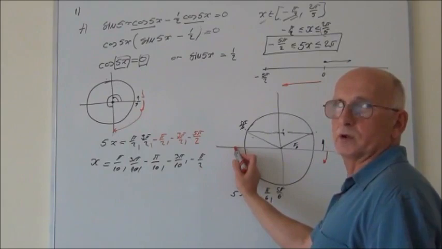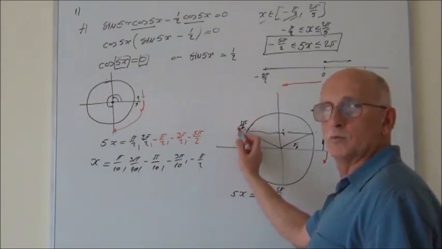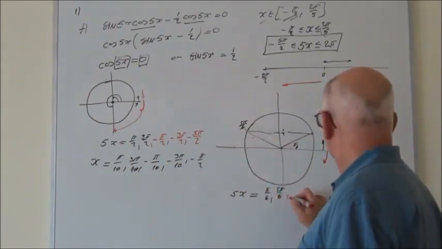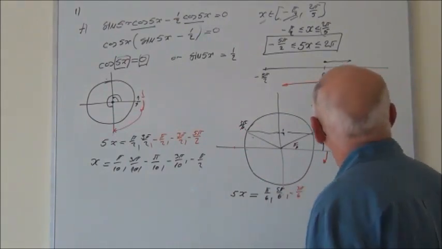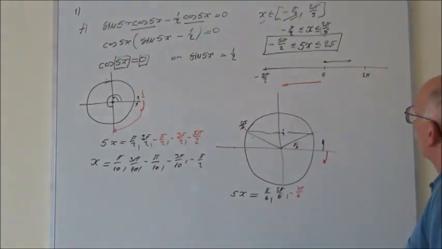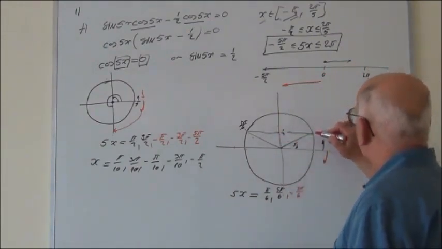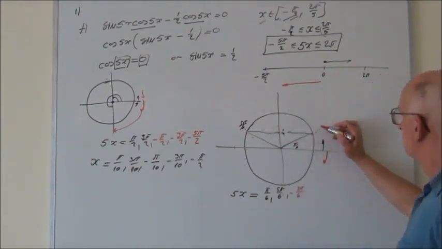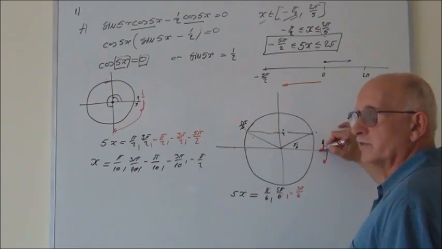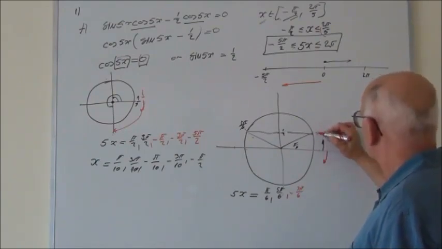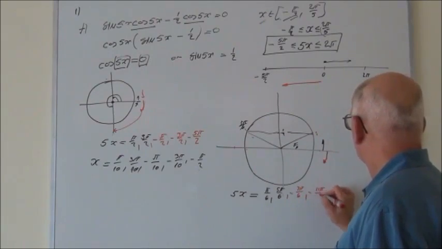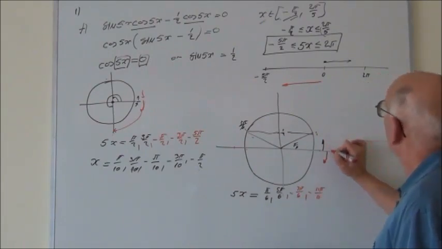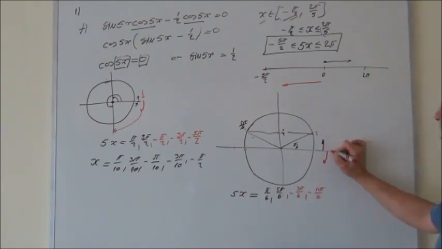This is negative 6 pi on 6, and one more is negative 7 pi on 6. Then this is also a solution, and here negative 12 pi on 6, and one less negative is negative 11 pi on 6.